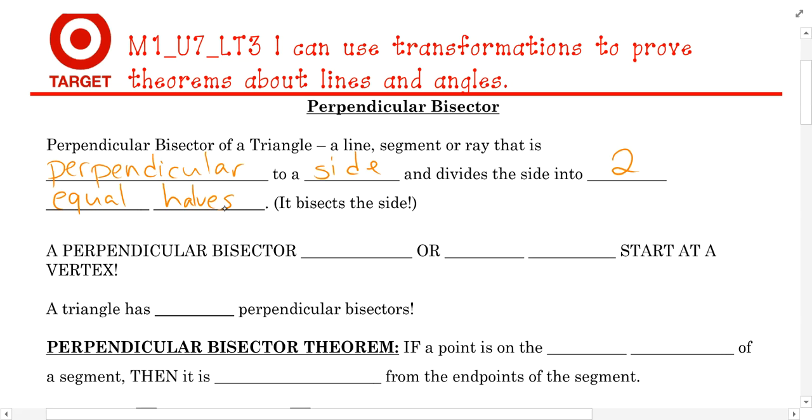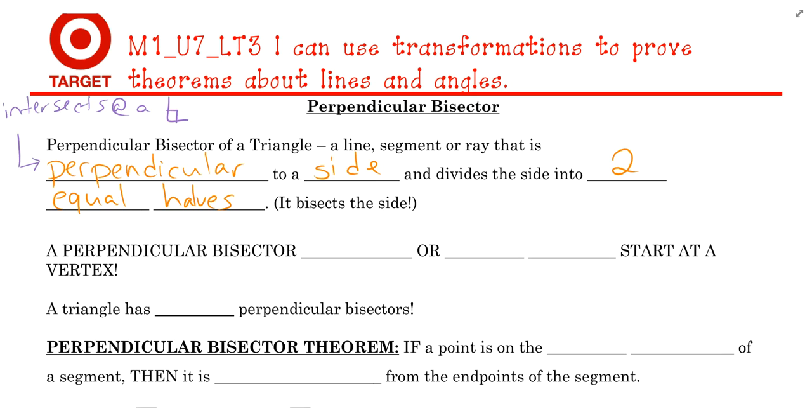Also meaning that it bisects the side. And just a reminder, in case perpendicular is not a word that you remember, perpendicular means that it intersects at a right angle. So you'll be looking for those right angle symbols to let you know that it's going to be a perpendicular bisector.